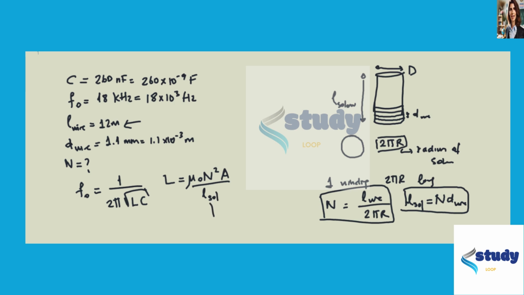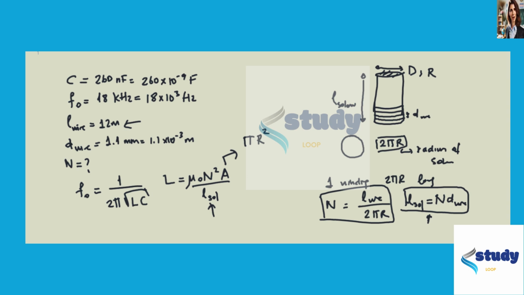This is why we needed the length of the entire solenoid. This area A is the cross-sectional area of the solenoid, so it's pi R squared, where R is the radius of the solenoid. And L sol, the length of the solenoid, is n times d wire.